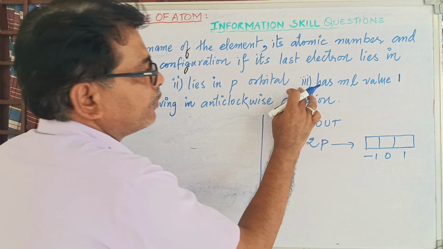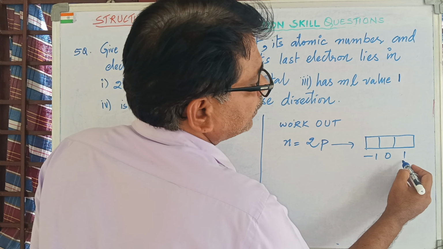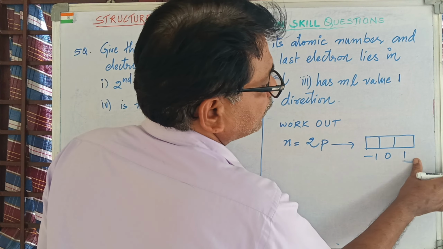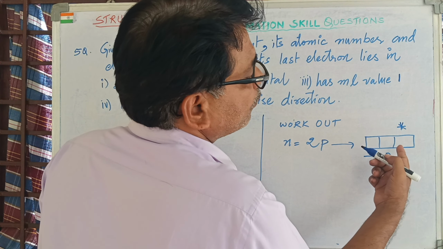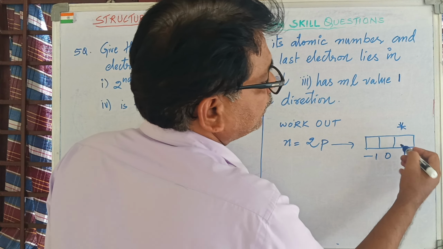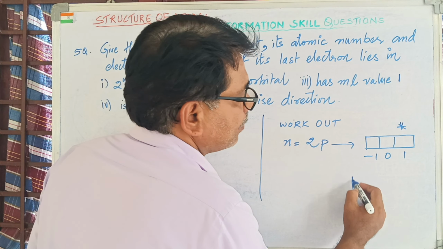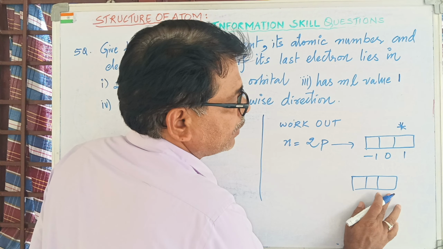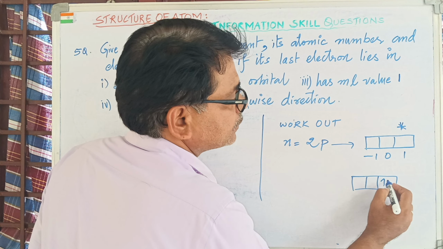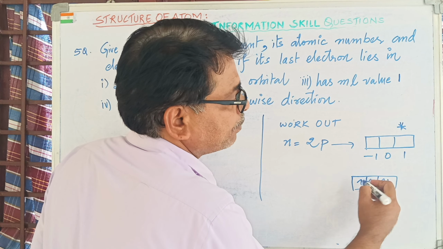So let's go to the third clue. It says its ml value is 1. So it's clear that the electron is going to come in this box. But why am I not filling it here? Since it is confirmed that the ml value is 1, I can fill it like this, 1 each and then pairing.